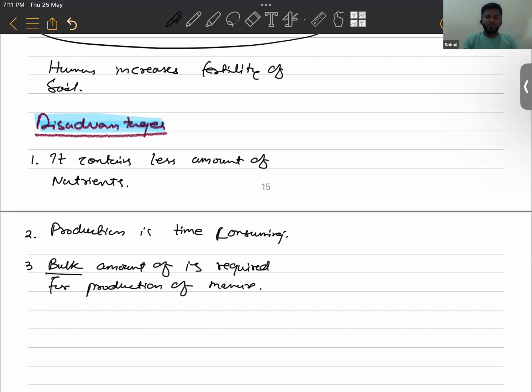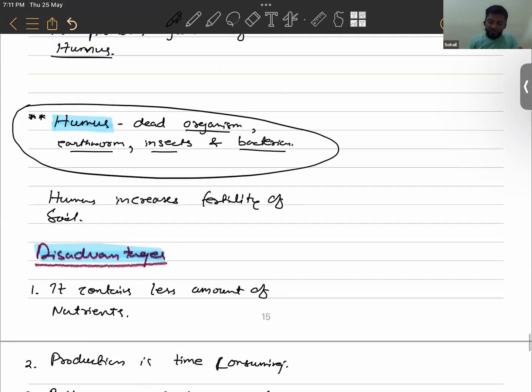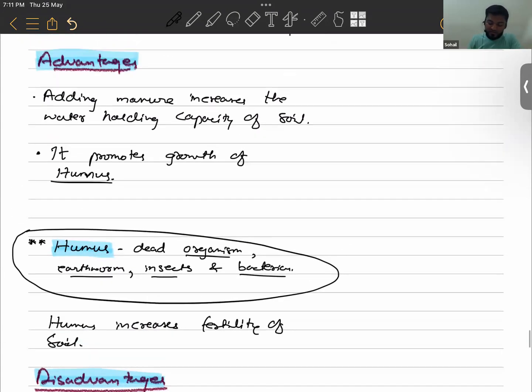So if you get almost 40 to 50 kgs of organic waste, you will get only 4 to 5 kgs of manure. So a bulk amount of waste material is required for production of manure. These are its disadvantages. Remember the advantages and disadvantages. Okay, I may ask in future classes.